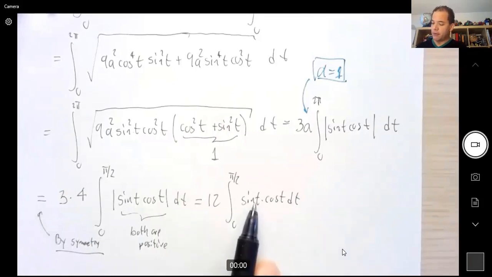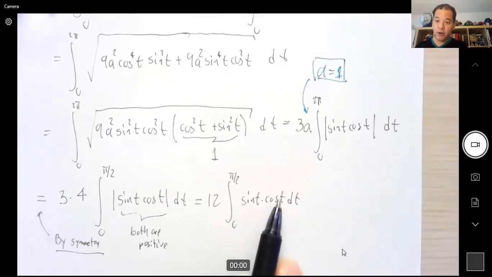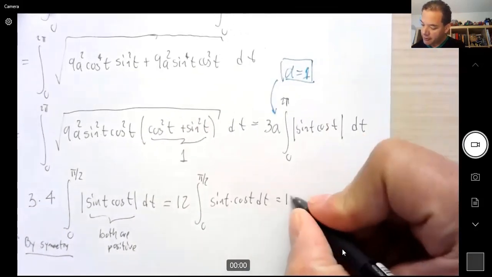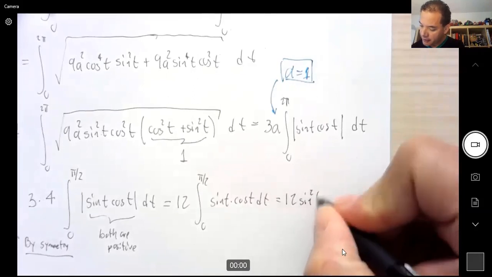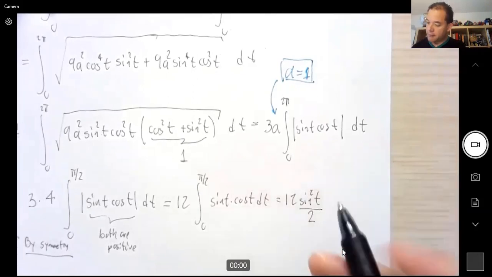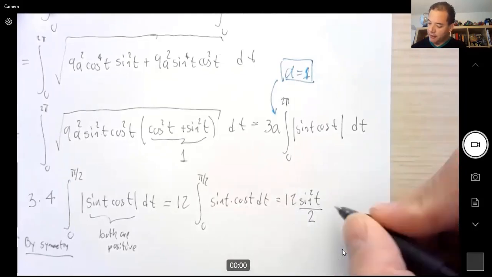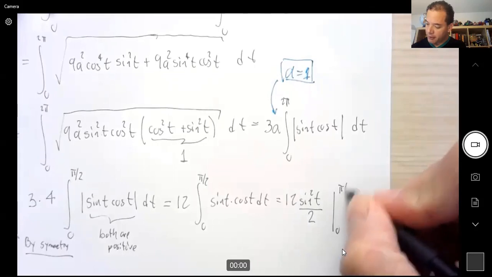Because the derivative of sine is cosine. So you can simply do a u substitution if you wanted to, or in this case, we can even write down what the answer is, right? This is simply sine squared t over 2, right? Because when you take the derivative of this, the 2 comes down, cancels with this 2, you get sine t times the derivative of sine t, which is cosine t, right? So we do this from 0 to pi over 2.